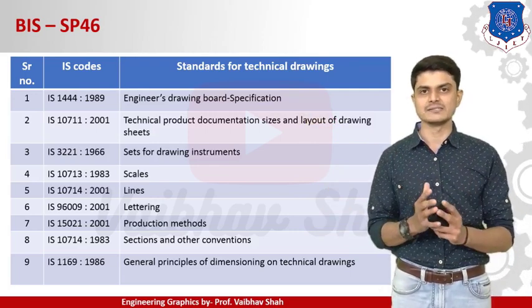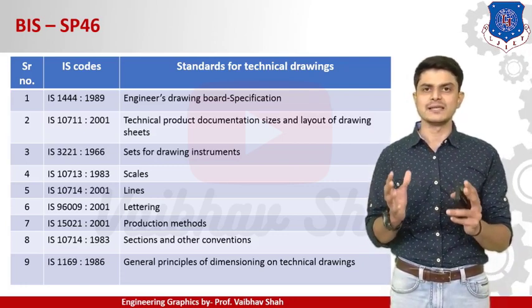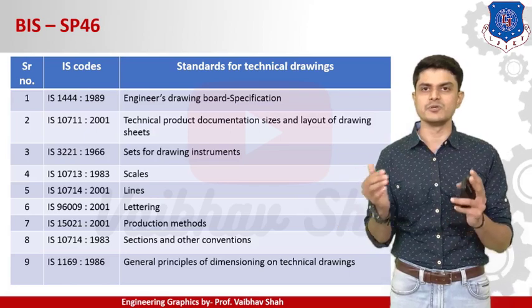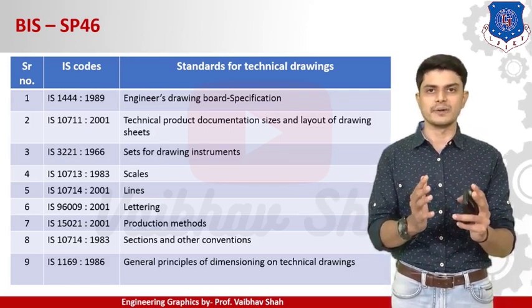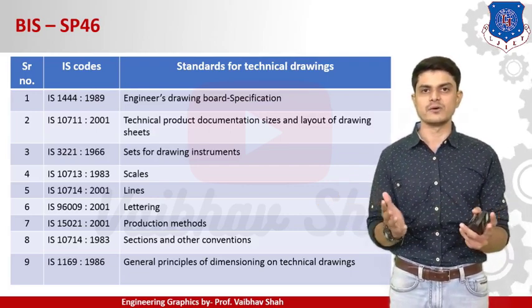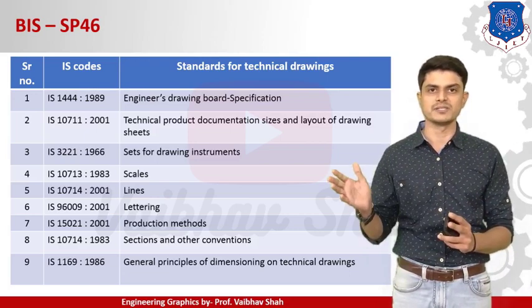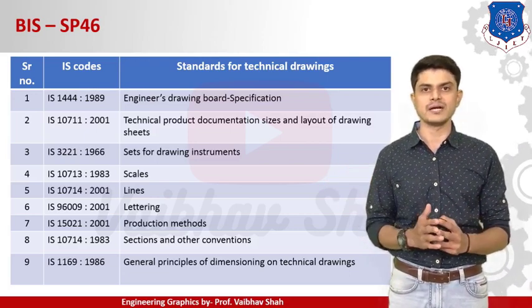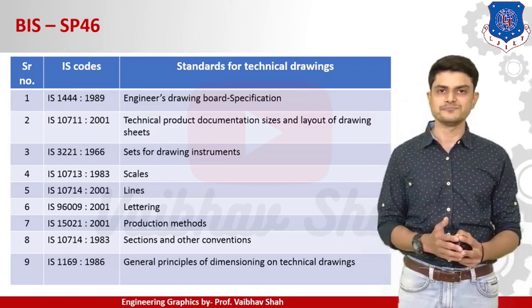There are a total of 9 standards, and you should describe each in a single small line. For lettering purposes, we have a particular standardized letter format, so you can also refer to it in any of your books. You need to remember this table in order to get full marks in your examination. Now let's move to our next topic.